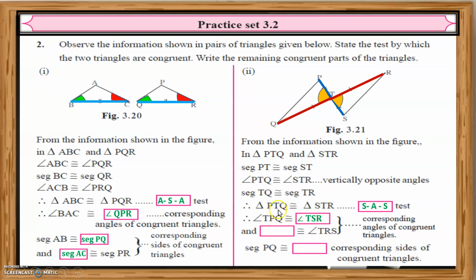So here also we have to start with second, third and the first one. So it will be angle TQP. So let's write that, angle TQP. Now segment PQ. Segment PQ is the first and the third letter. So here also we will go for the first and the third letter, that is segment SR. Okay. Let's go to the next question.